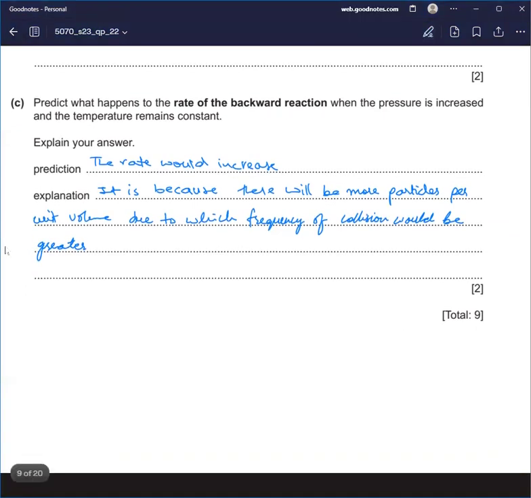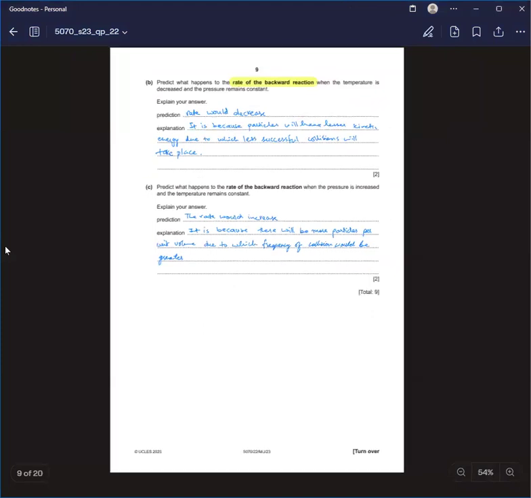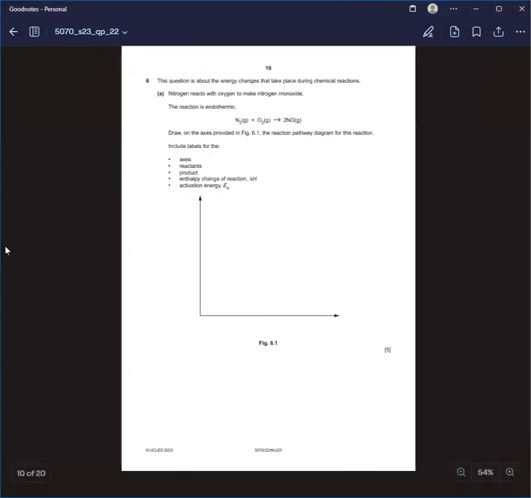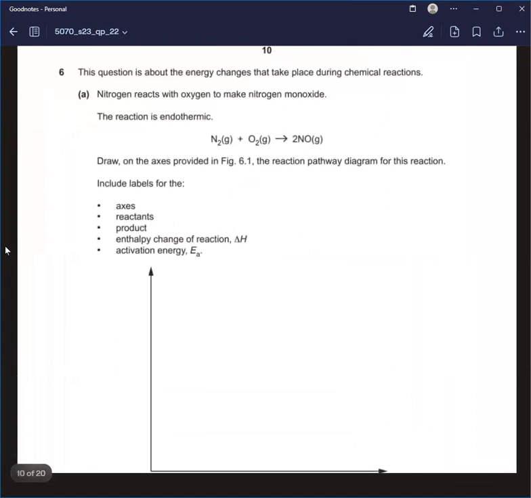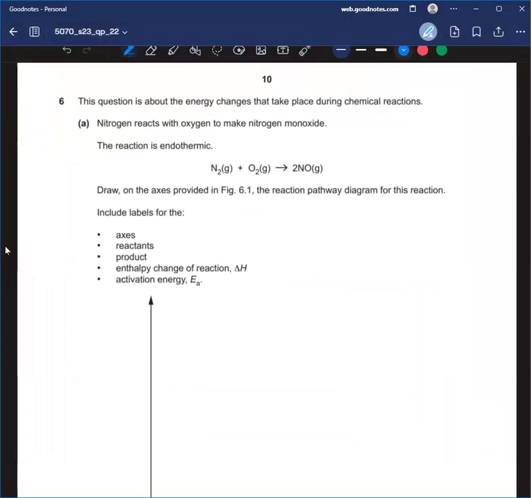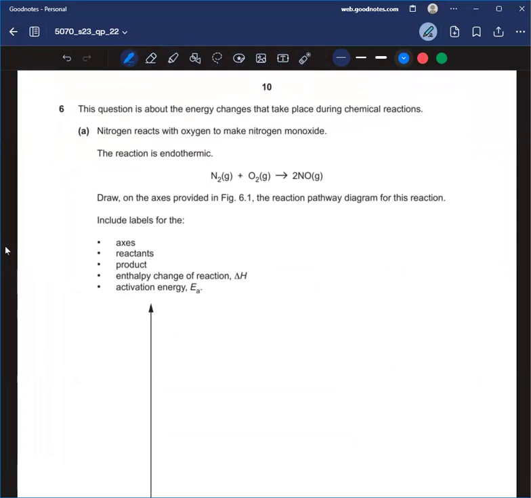So question 5 has ended here. Let's move towards question number 6. Question number 6 is talking about energy changes that take place during chemical reactions. Hot air, nitrogen reacts with oxygen to make nitrogen monoxide, and the reaction is endothermic.